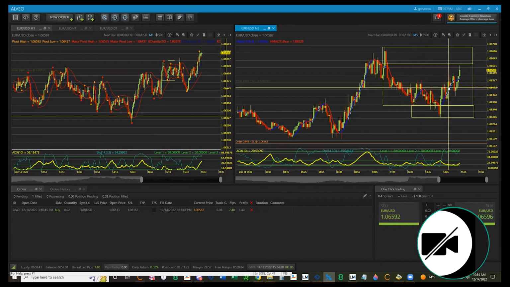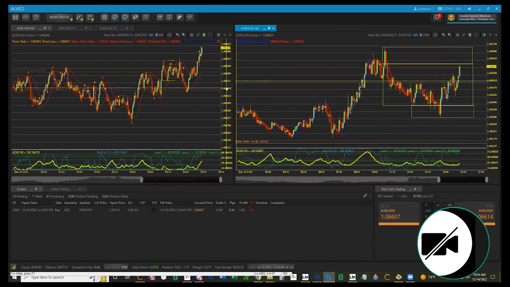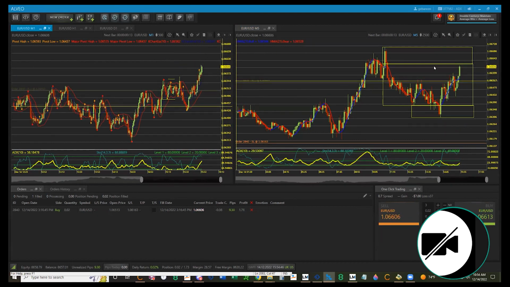Okay, so now it's coming up to test that area here, that zone, basically. And like you always say, which I really believe, it's not going to just go through it before it pulls back a little bit. Right. So let's see what happens here.